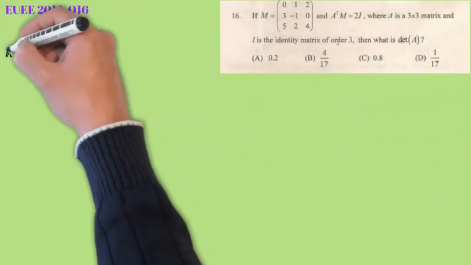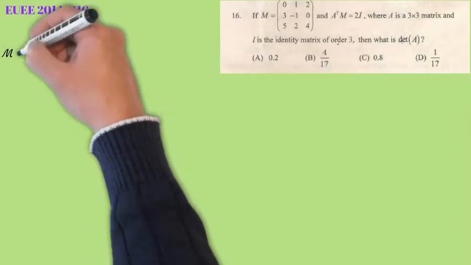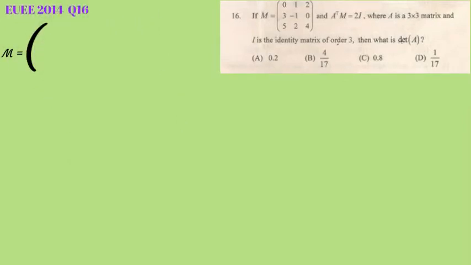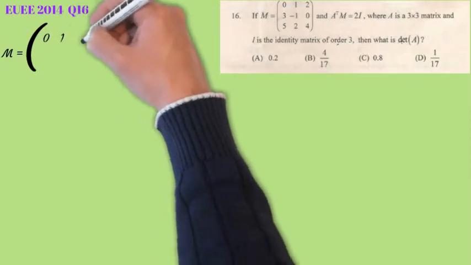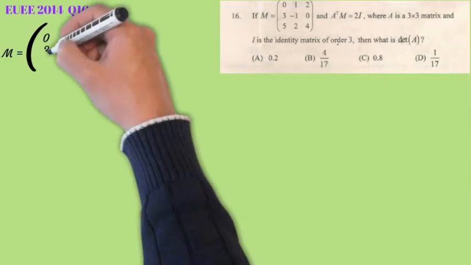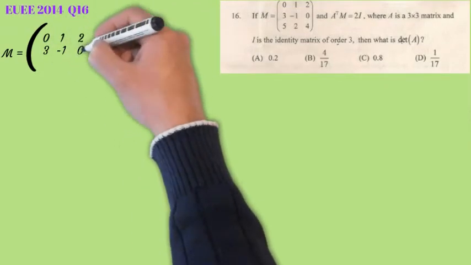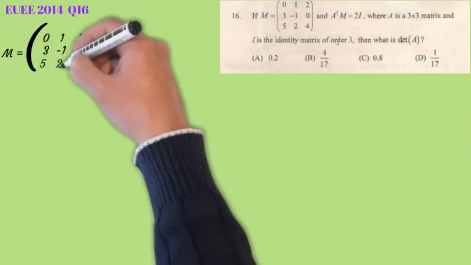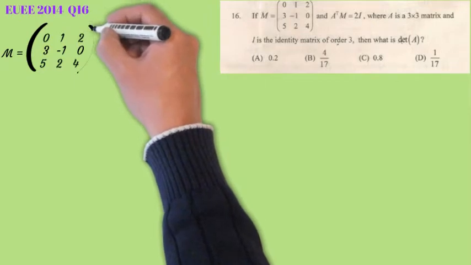Question number 16. In this case, we have a given matrix and also some facts. Those facts: the transpose of A times M will give you 2 times identity matrix.